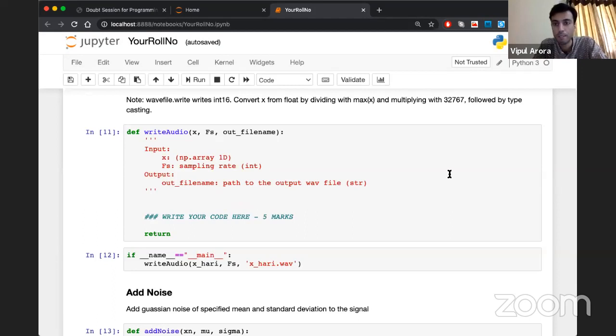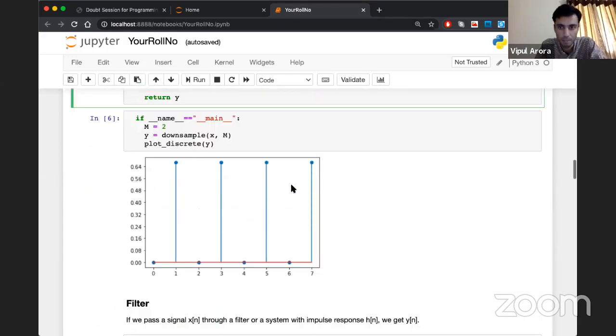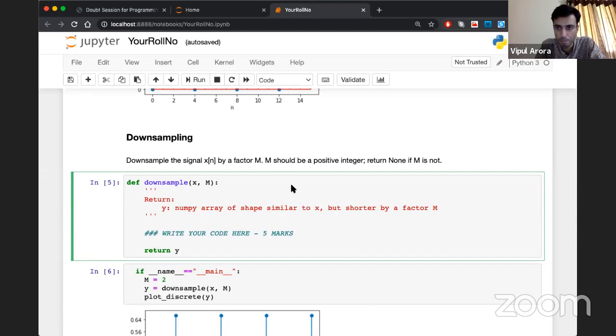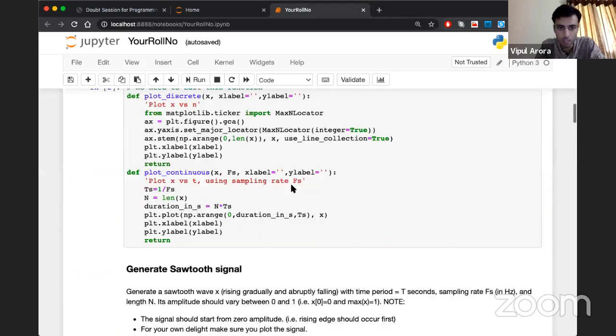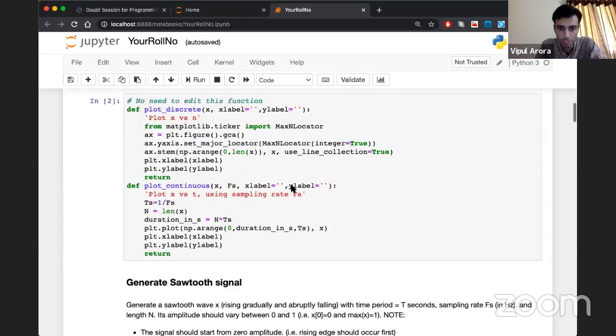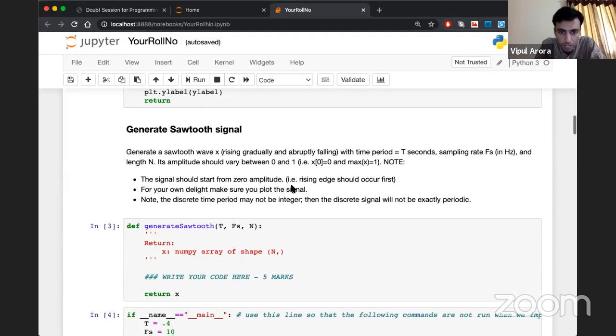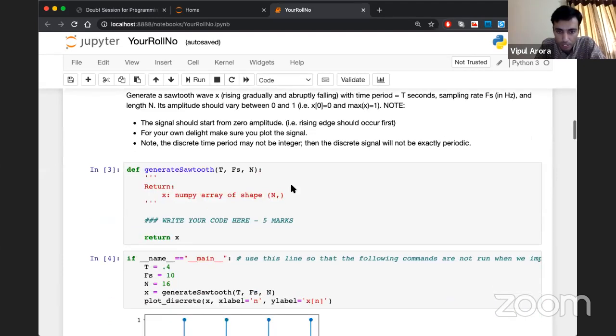So don't worry. What is the shape in that NumPy array in the generate sawtooth function? What is that space?